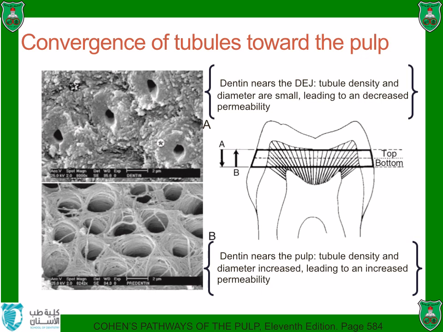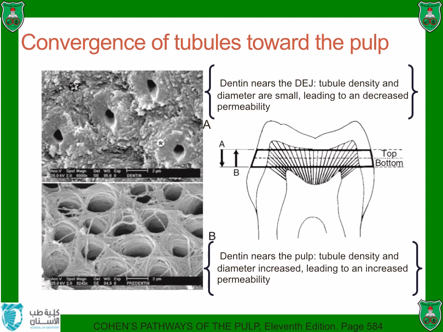In A, you can see that the tubules are very small and there is a lot of intertubular dentine. However, if you look at B, this is the dentine near the pulp. You can see that there are very large openings of dentinal tubules and a high density of those dentinal tubules. Now what does this mean?